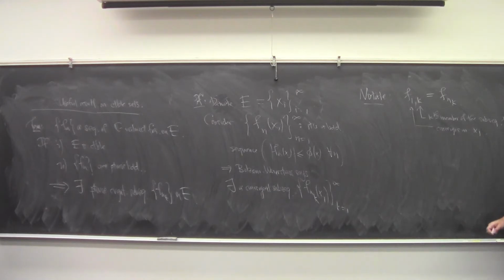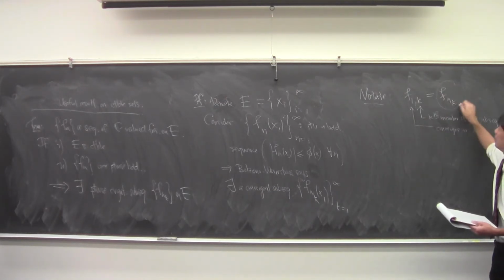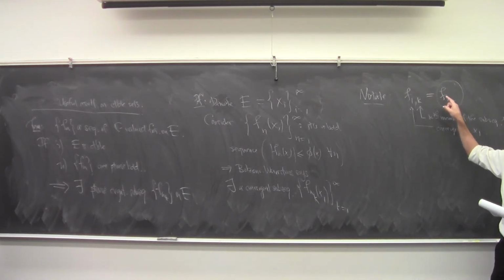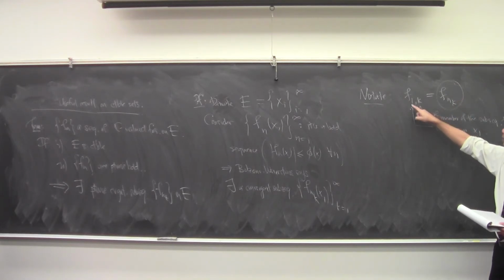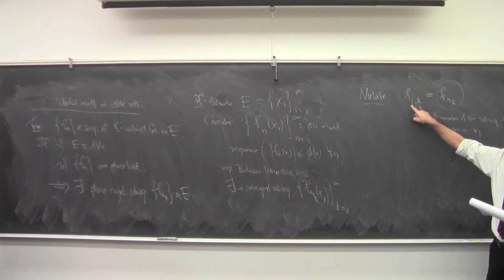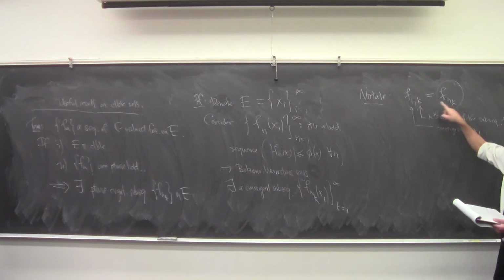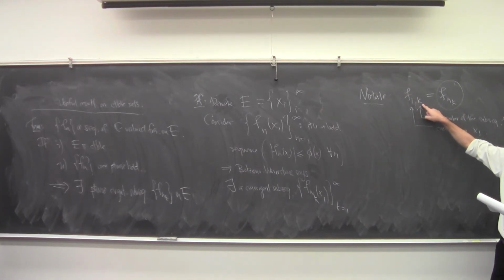This F_{n_k} was the subsequence that converged on x1, so I'm going to call that subsequence F1, the guys who converge on x1. The kth member I'm going to call F1k.